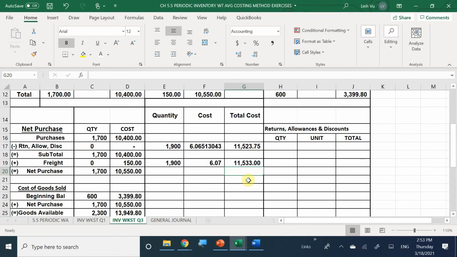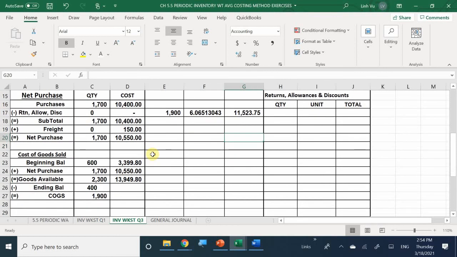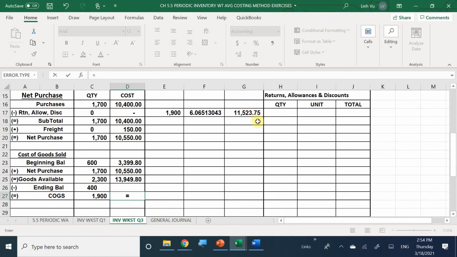All right, so in this case, there it is. Can I just see the bottom part again? From this, what should be my ending inventory?